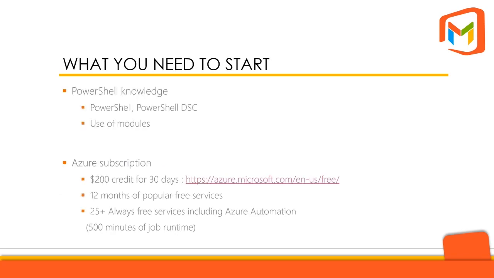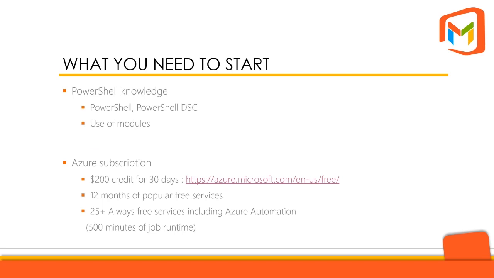Before we go to the demos, what do you need to have in order to start using Azure Automation? First of all, you need to have some PowerShell knowledge. In order to use Azure Automation with PowerShell scripts, you definitely need to know a little bit about PowerShell.